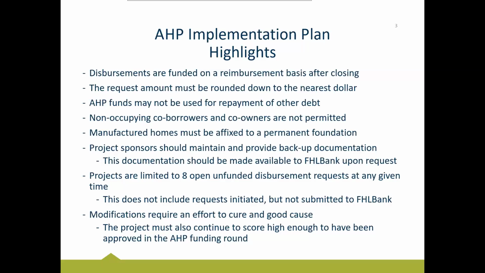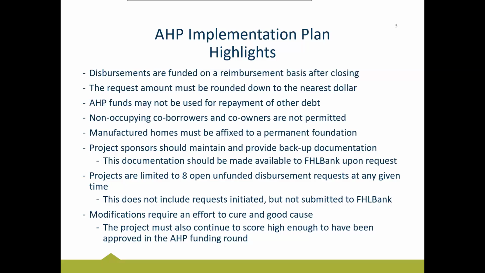Once we can establish an effort to cure and a good cause, we also have to make sure the project continues to score high enough to be approved in the funding round. What we mean by that is we gave you points in your application for the certain scoring commitments that you committed to. When we remove the scoring commitment or reduce the required number for that commitment, we also have to reduce or remove the points associated with that scoring commitment.